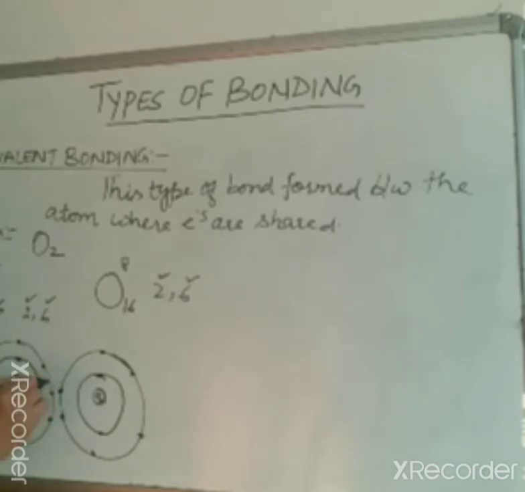So here sharing of 2 electrons from this oxygen atom and 2 electrons from this oxygen becomes sharing, and they form a stable oxygen molecule.